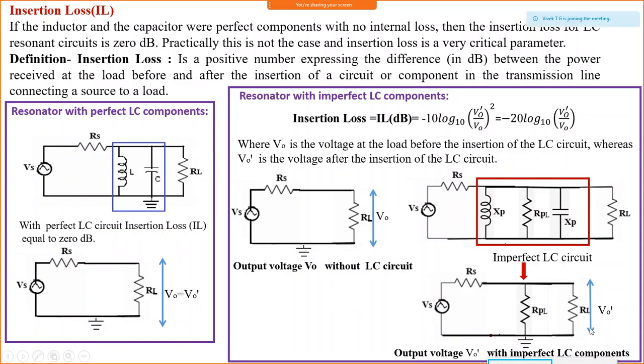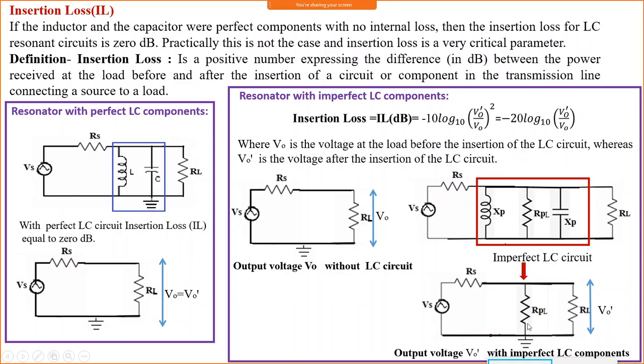So previously, without the resonator circuit, only the voltage drop across resistance RL was considered. But now you see here RPL in parallel with RL. For V naught dash, you have to take RPL in parallel with RL.